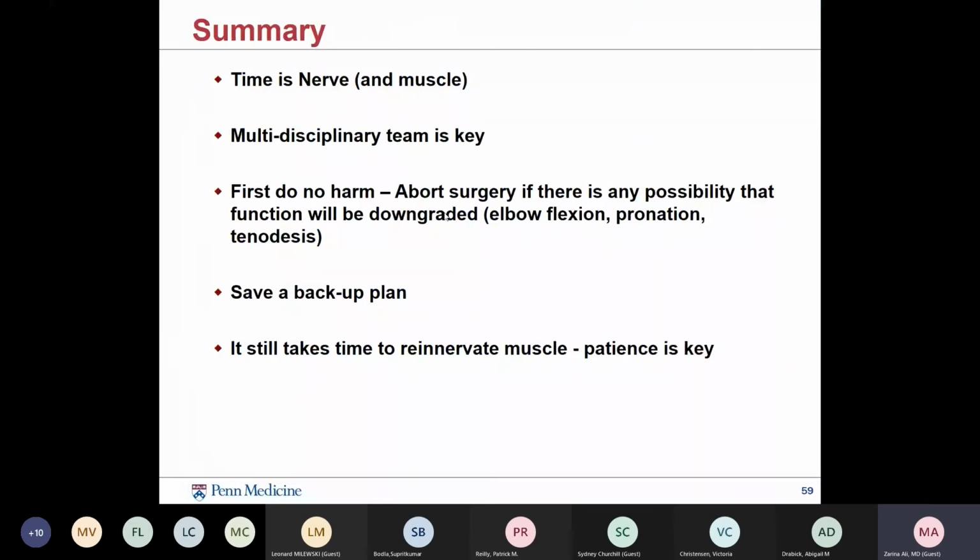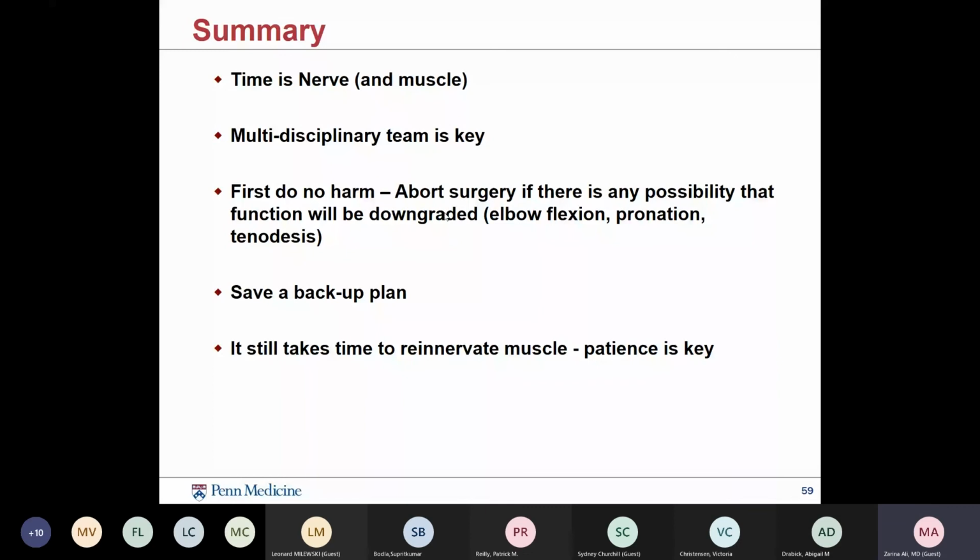So, in summary, time is nerve and muscle, especially as it relates to peripheral nerve injuries. I highlighted already the importance of the multidisciplinary team to think about the different types of options that are available for these patients and how best to maximize their function.